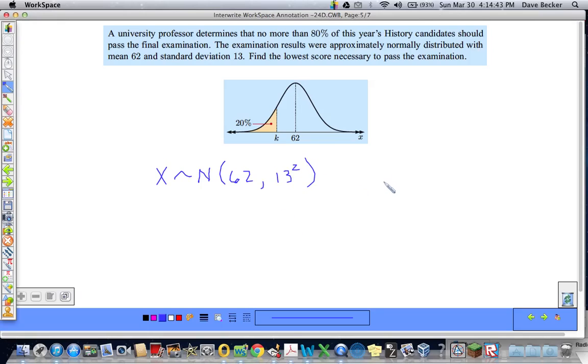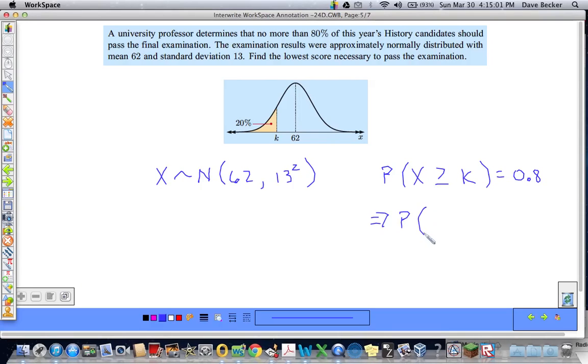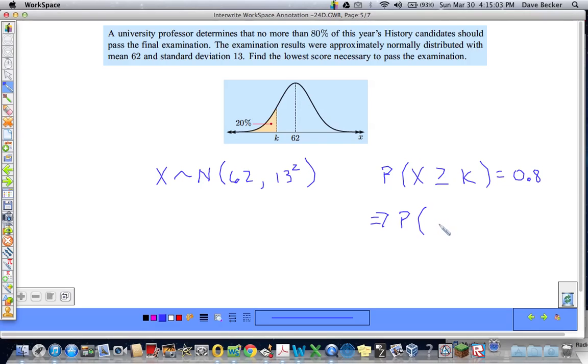So we're trying to find the probability that the random variable x is greater than or equal to k is equal to 80% for an 80% passing rate. Which in turn is the same as the probability that the random variable x is less than k is equal to 0.2.